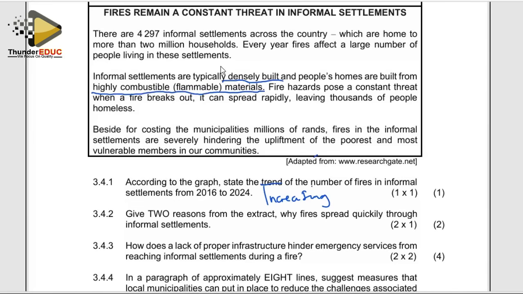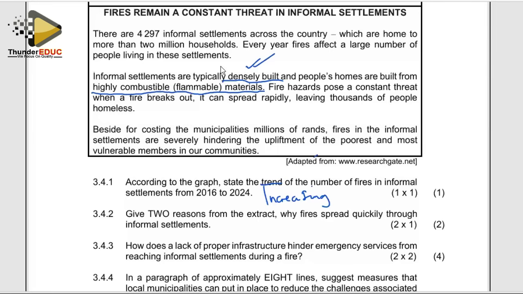The reason number one is that they are densely built, meaning to say they are too close to each other, such that when there is a fire in one of the structures, the fire can easily spread to all other structures because there is barely enough distance between them.